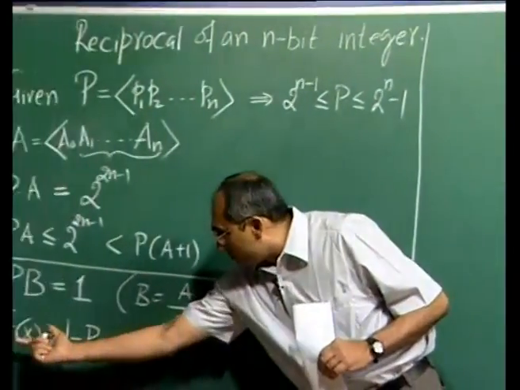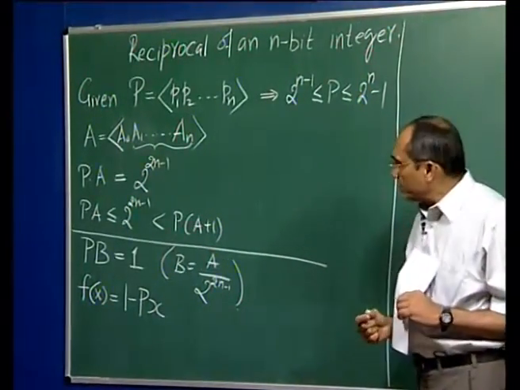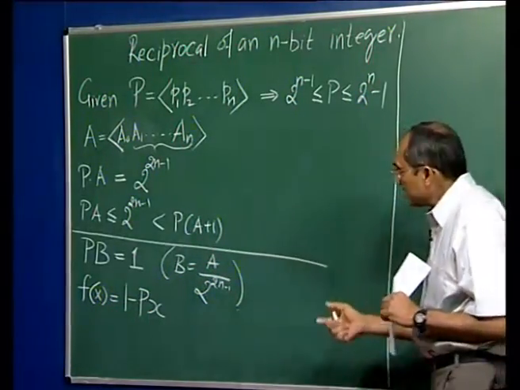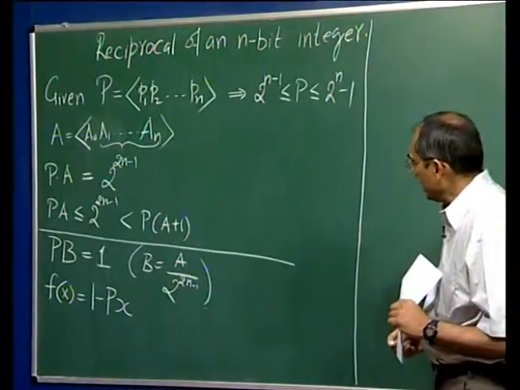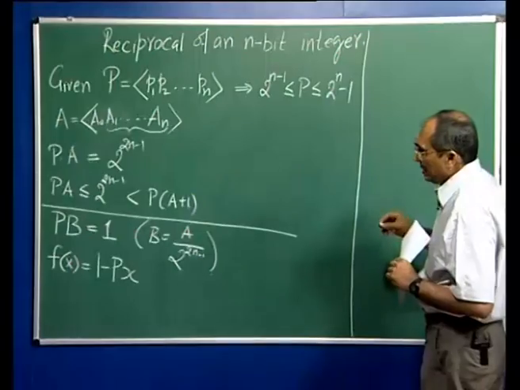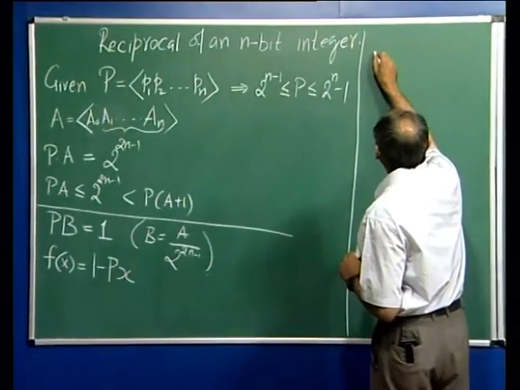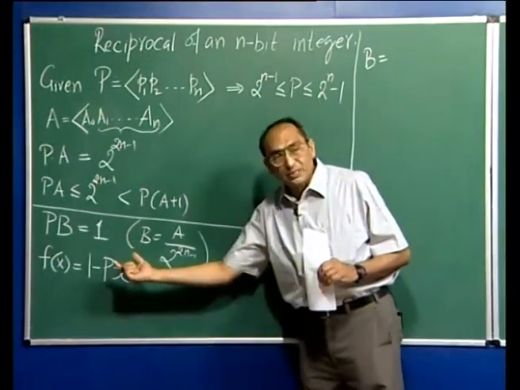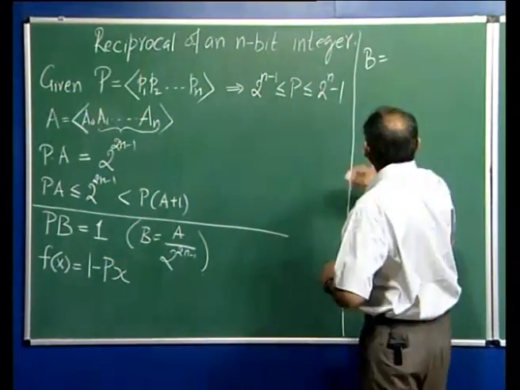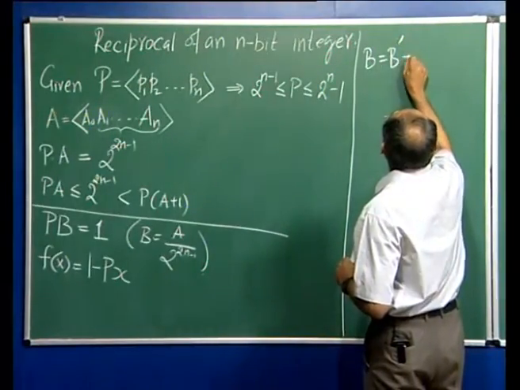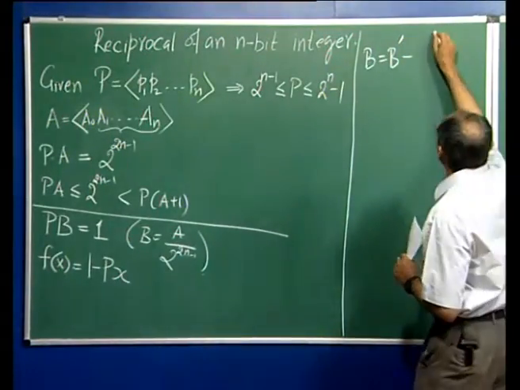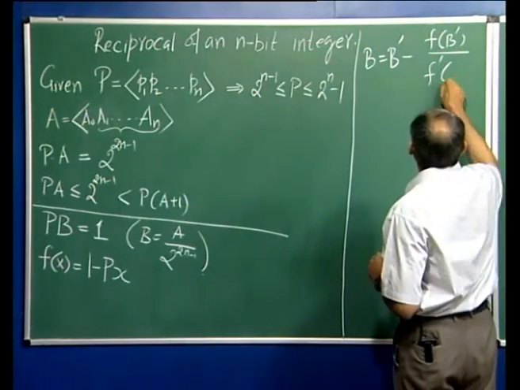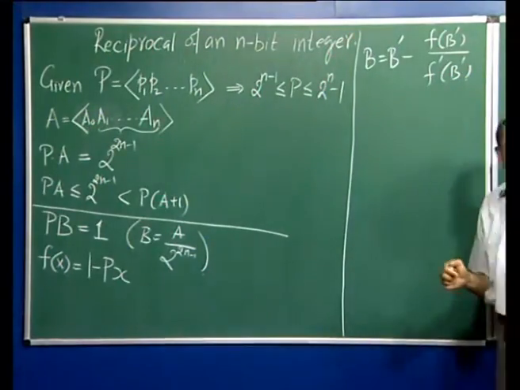In order to decide an iterative procedure so that our error keeps on decreasing, we will just use, say, Newton-Raphson's method, and what it says is that if we have b prime as a previous approximation to this, then we will compute b by this method.